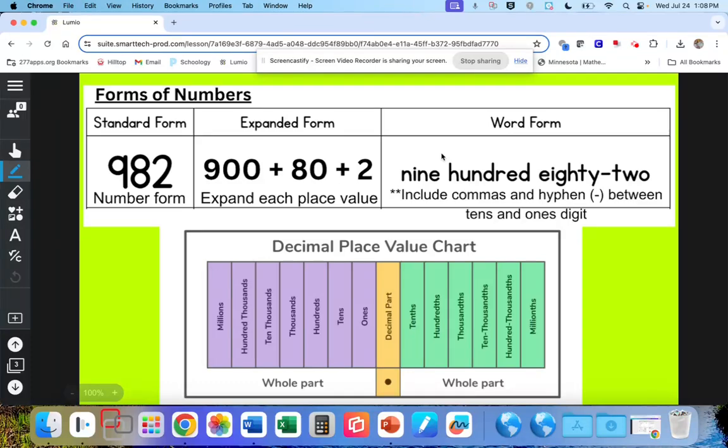The other thing to always be aware of is anytime we have a ones digit next to a tens digit, we have to put a hyphen in between it. A hyphen is that little dash in the middle of the air type thing. So between 80 and 2, you see a hyphen. This also goes for any place value system.